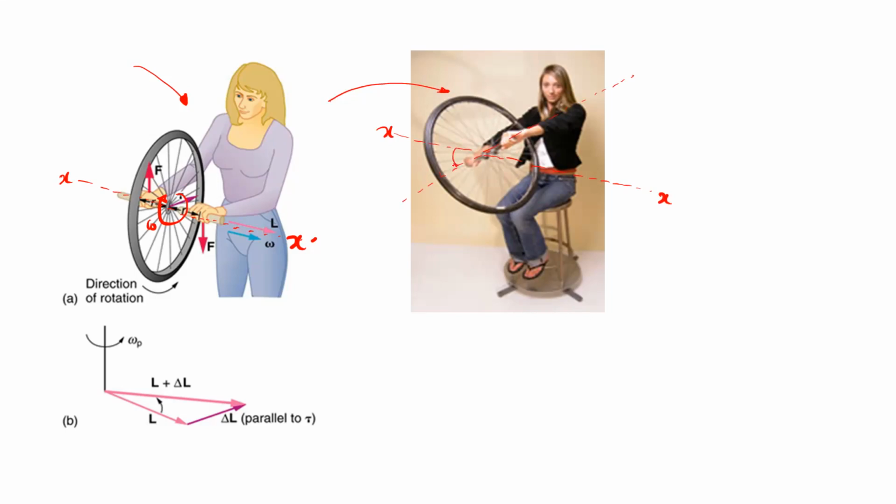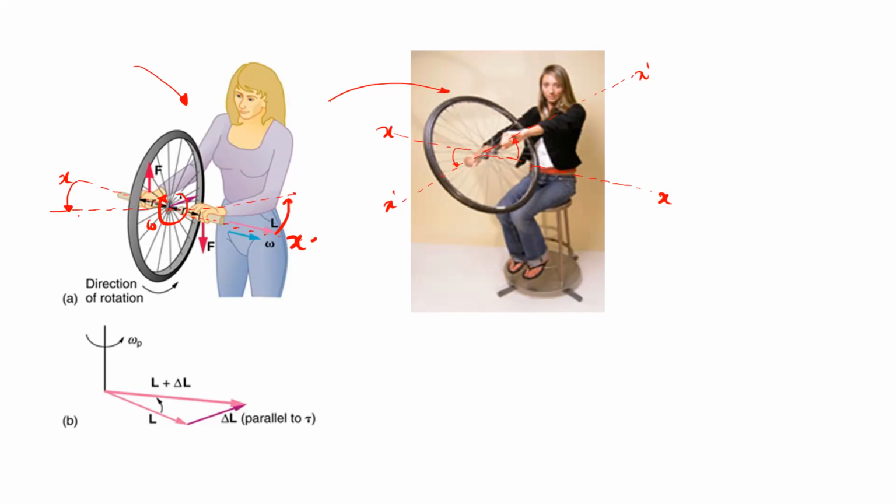We give some twist to the axis like this, and this is the final position after the rotation, that is x dash x dash. Because of this rotation in this direction, it will create the gyroscopic couple.